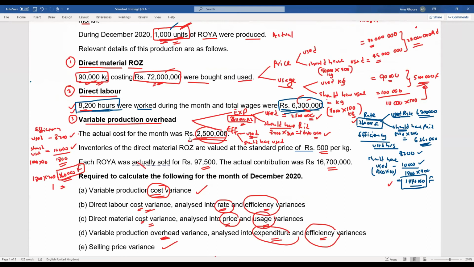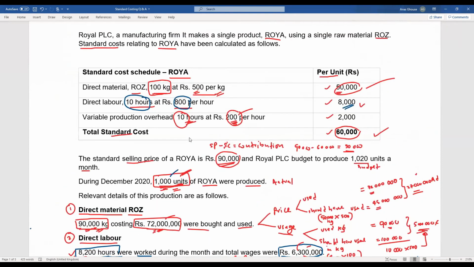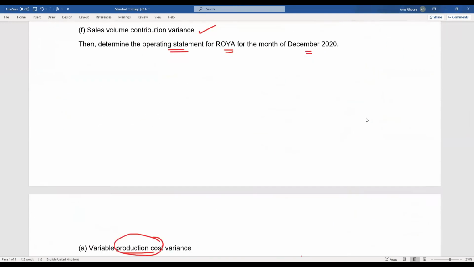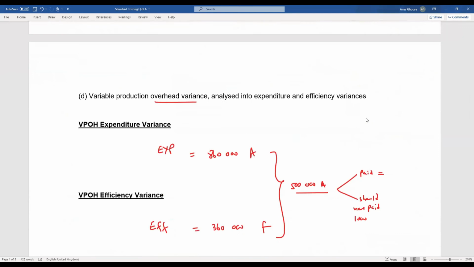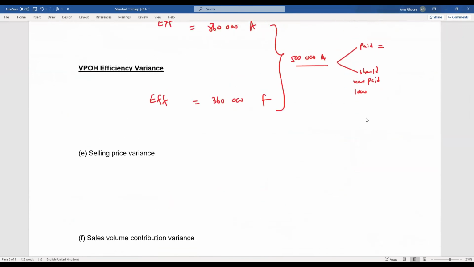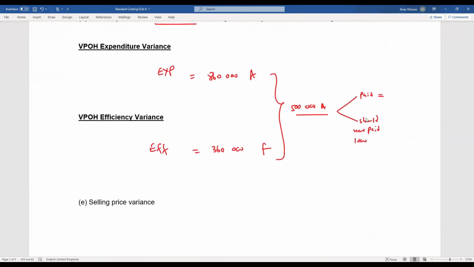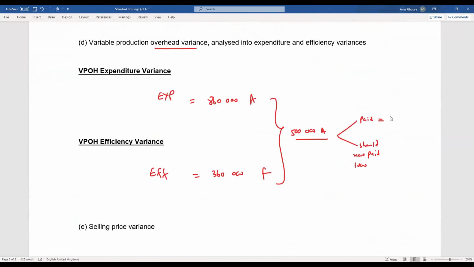In fact, to produce 1000 units, we should have paid at the rate of 2000. This was our standard cost. So the total standard cost: we paid 2,500,000 and we should have paid at the rate of 2000, so that will be 2 million.